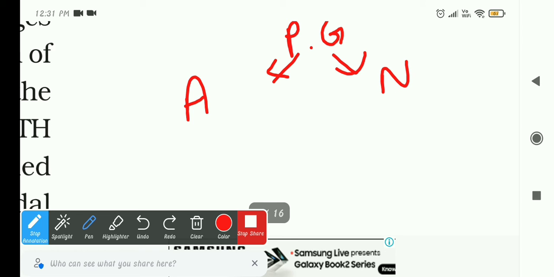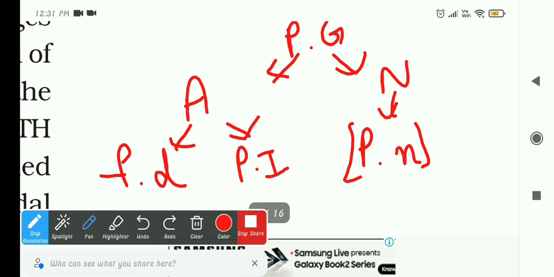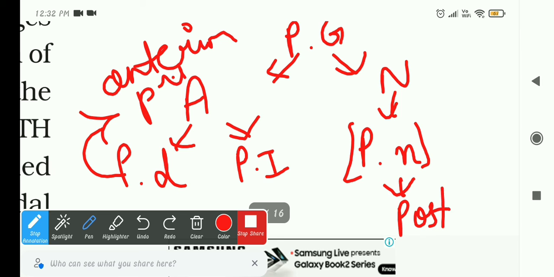Adenohypophysis also consists of two parts, pars distalis and pars intermedia. The neurohypophysis is also called pars nervosa. Pars distalis is none other than our anterior pituitary, and pars nervosa is the posterior pituitary.